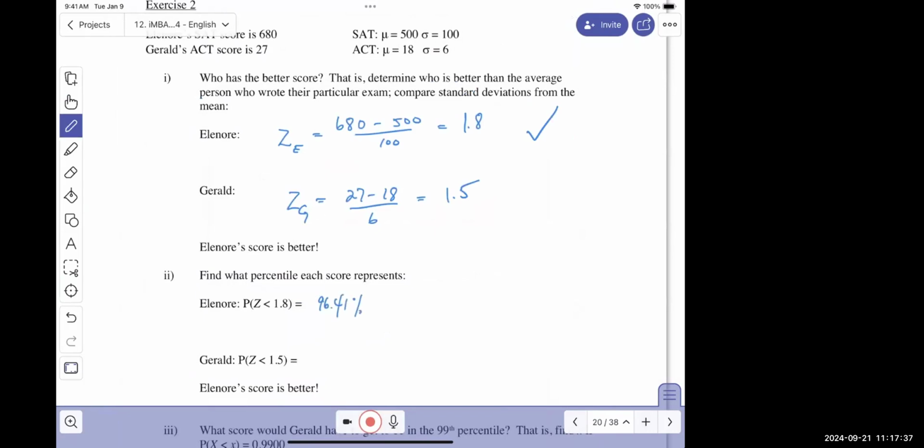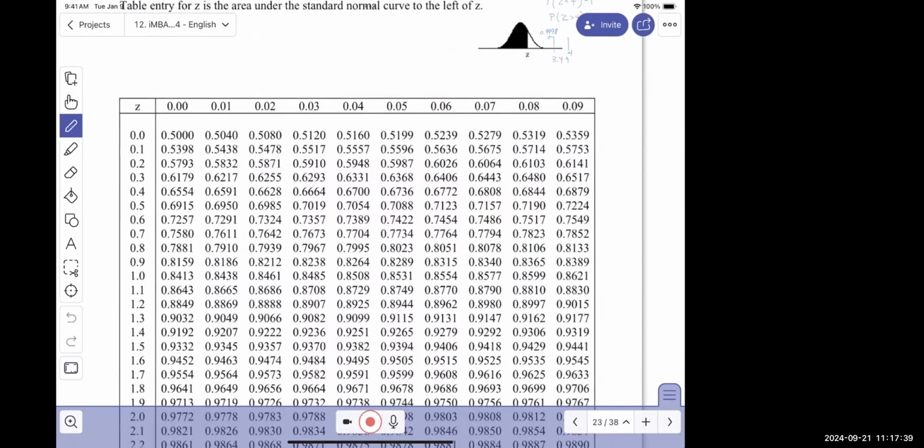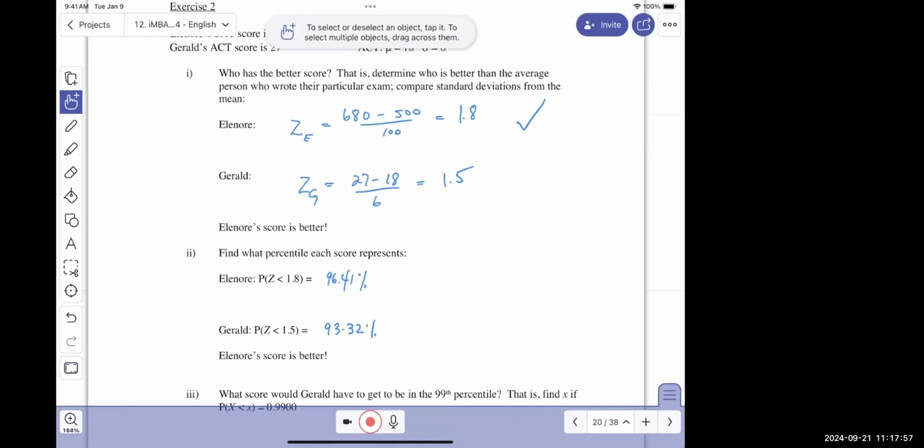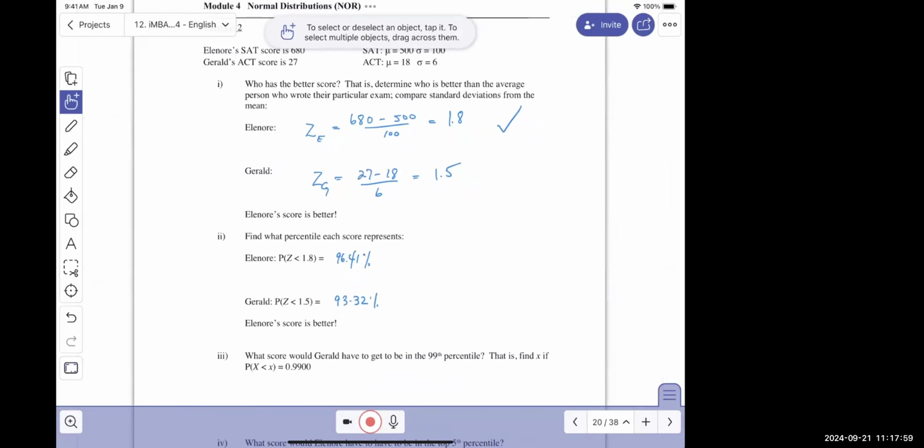And for Gerald, 1.5. Let's look at the table. For Gerald, 1.5, 93.32% of students scored worse than him. Right. Good. All right, so that's all straightforward and easy.